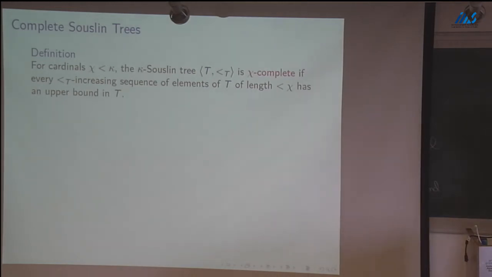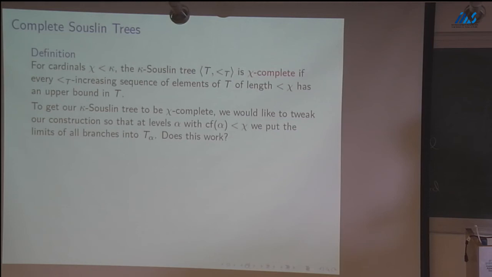Now, if we want to complete the tree, we can't exactly do what we did before. What can we do? To get our tree to be complete, we would like to tweak our construction so that at levels of small enough cofinality, we put all branches up to that level into the tree. Will this work, or will it break everything we've just been talking about?